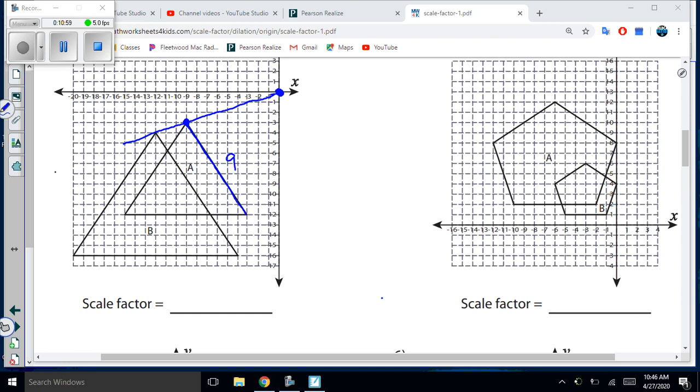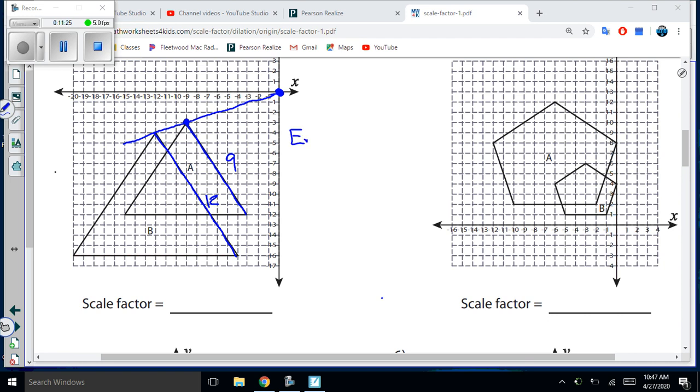So that's 9. And if that's 9, let's see how big this one is. 1, 2, 3, 4, 5, 6, 7, 8, 9, 10, 11, 12. So that's 12. We're going from A to B, so going smaller to bigger.